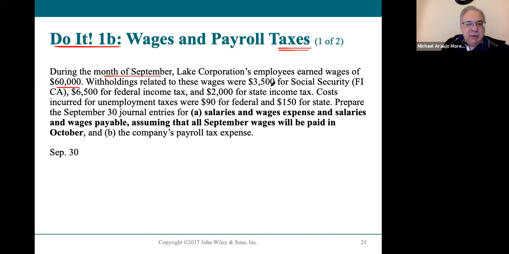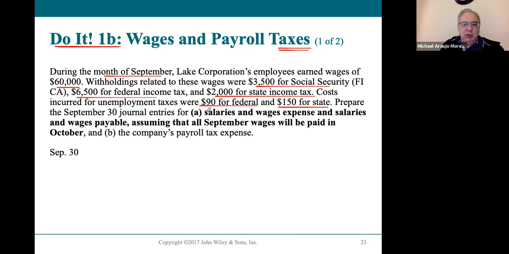They have $3,500 in Social Security withholding. They have $6,500 for federal income tax withholding, and another $2,000 for state income tax withholding. However, they also have $90 of federal unemployment benefit taxes to pay, and $150 for state unemployment taxes to pay.